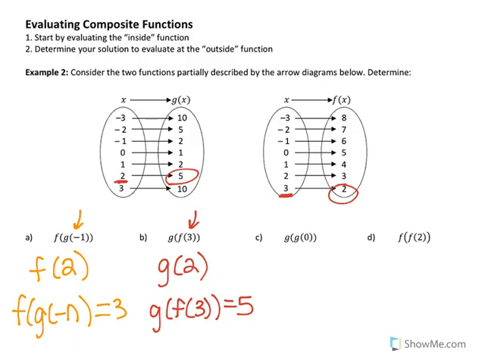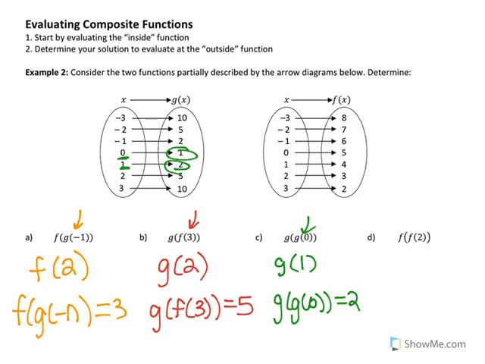Keep going here. We're going to evaluate g at 0. So go over to g at 0, it comes out as a 1. And now we're going to evaluate g at 1. So 1 comes out as a 2. So g of g of 0 is 2.